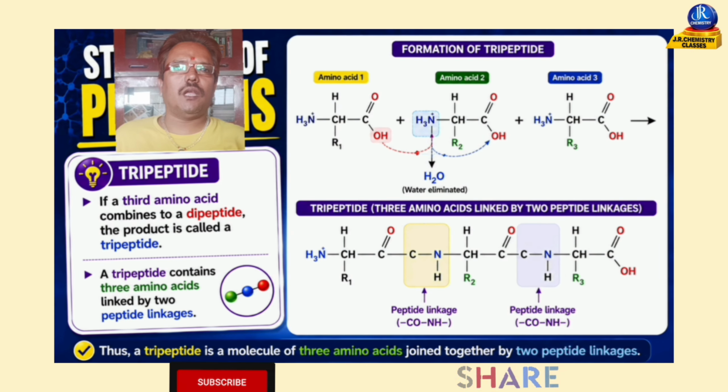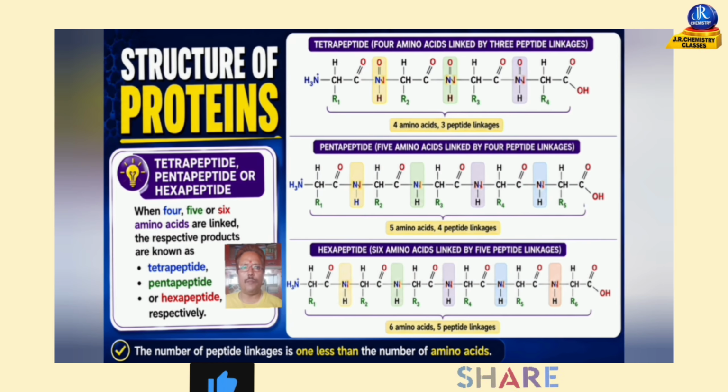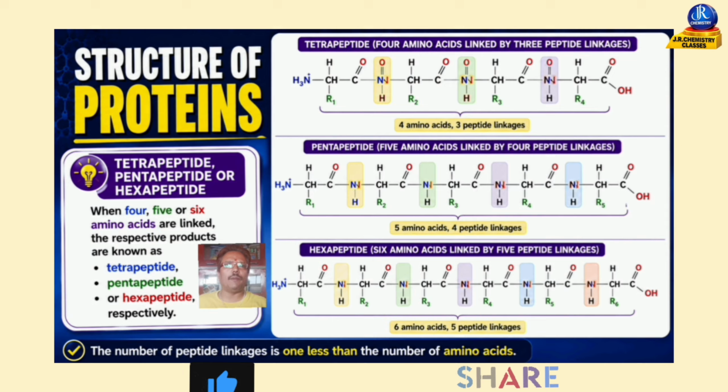Tripeptide. If a third amino acid combines to a dipeptide, the product is called a tripeptide. A tripeptide contains three amino acids linked by two peptide linkages: tetrapeptide, pentapeptide, or hexapeptide.